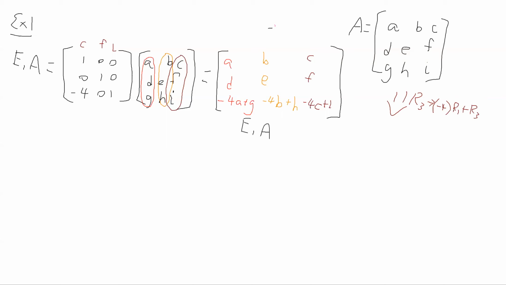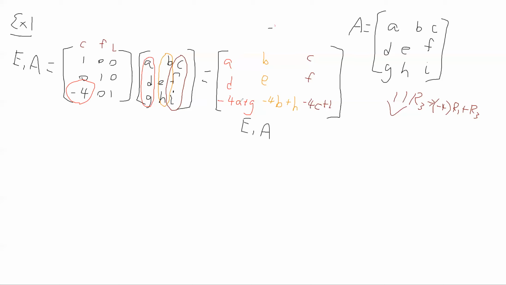So negative 4 times R1, you have negative 4 times A, B, and C. And then add it to row 3, so negative 4A plus G right here, negative 4B plus H right here, and negative 4C plus I, which is right here. So this negative 4 that is in E1 actually represents one of the row operations, which is adding a scalar multiple of the other row to some row.